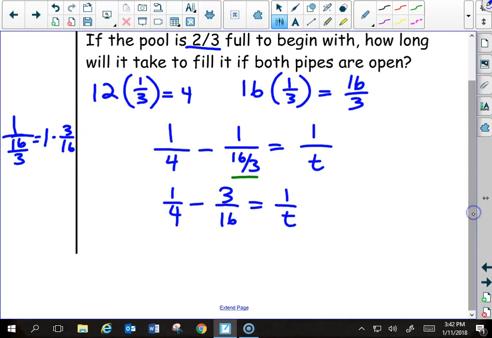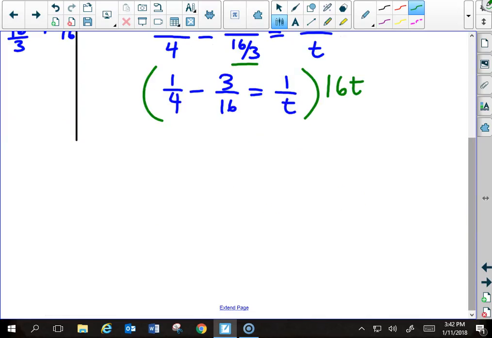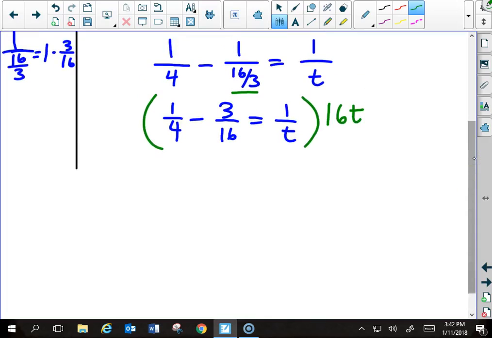So here's my simplified equation, and I'm going to solve this by clearing the fractions. My least common denominator is going to be 16 times t. 4 will go into 16 evenly. So I'm going to multiply this whole thing by 16t. I'll get 16t times 1/4.